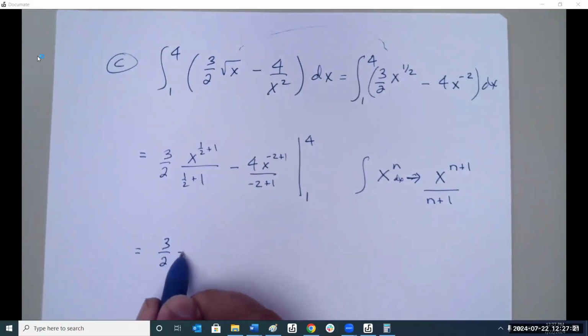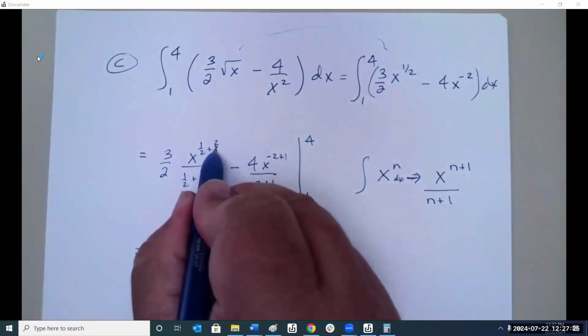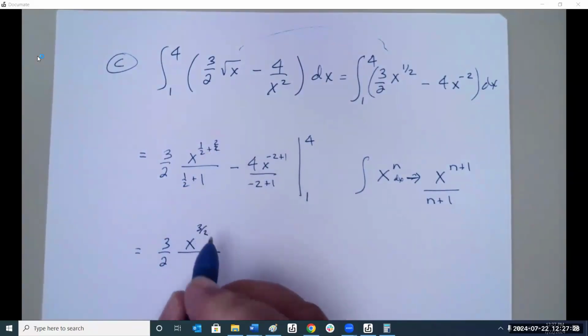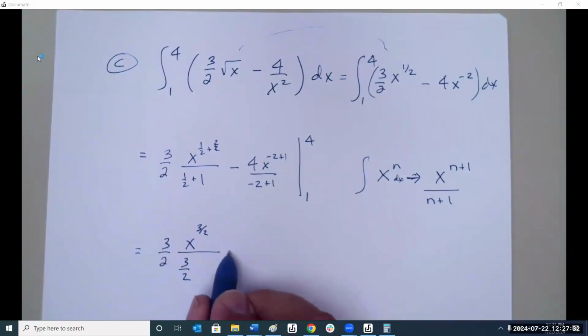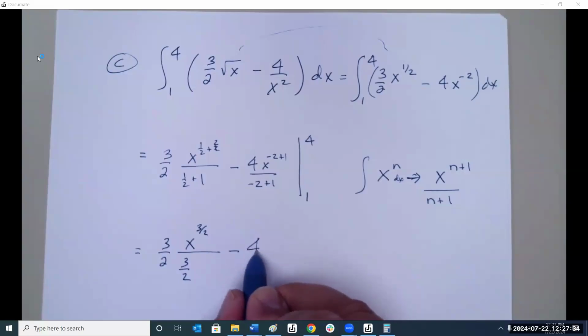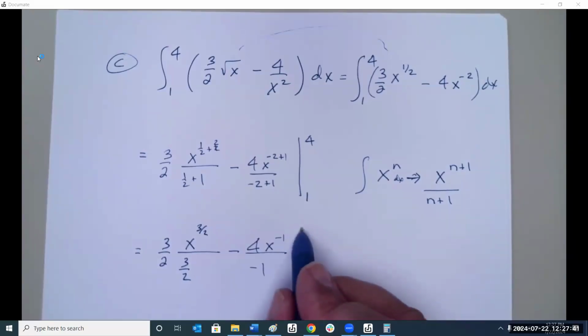So three over two x to the power, this is going to be 2/2, so it's 3/2 over 3/2, and x to the power -1, -1.